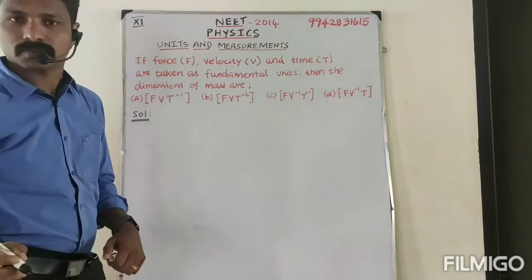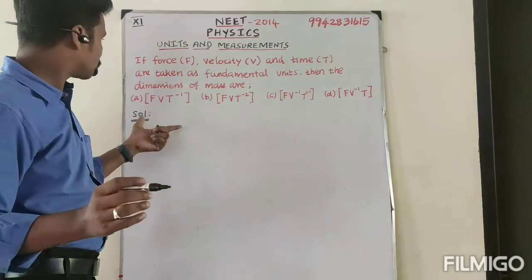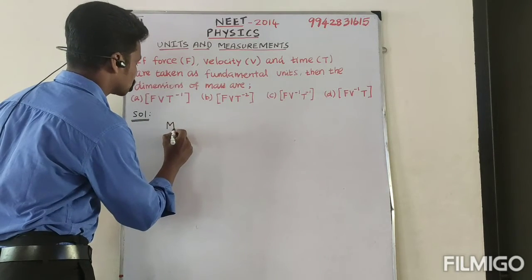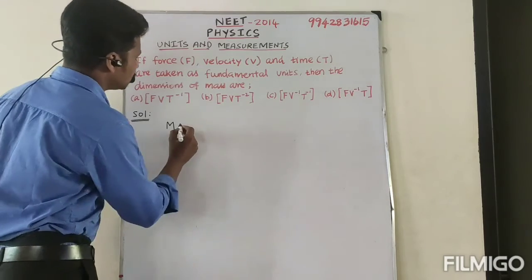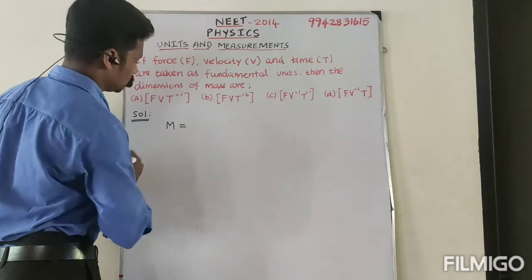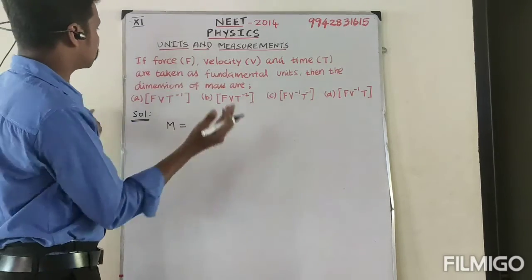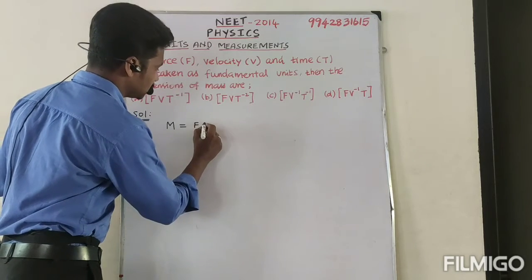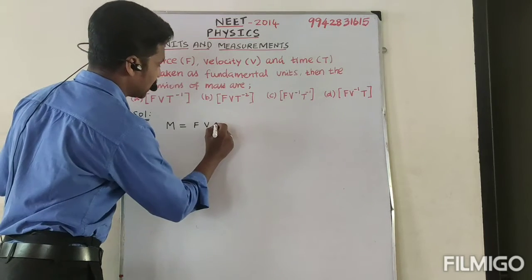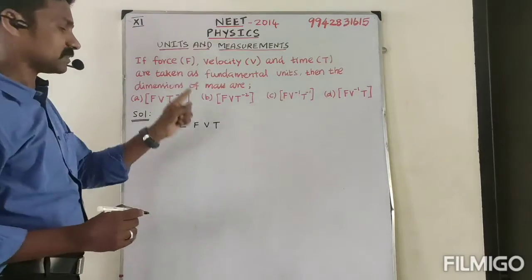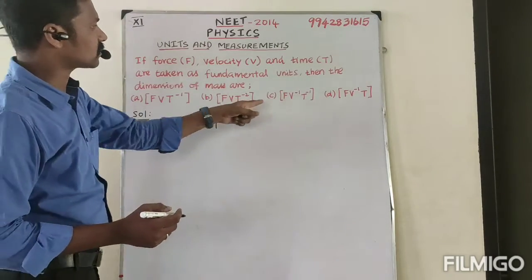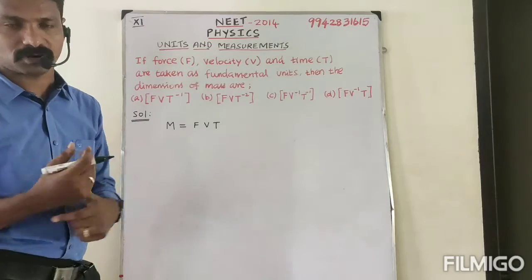So in this solution, we are going to find the mass. The mass should be equal to the combination of force, velocity and time. But if you observe, some powers are also given in all the options.